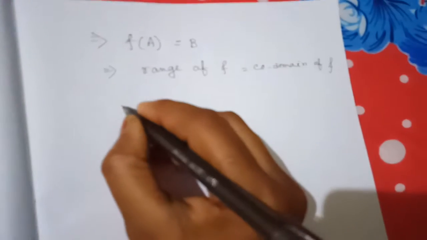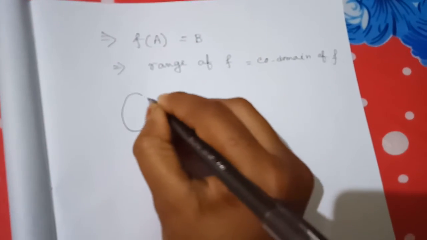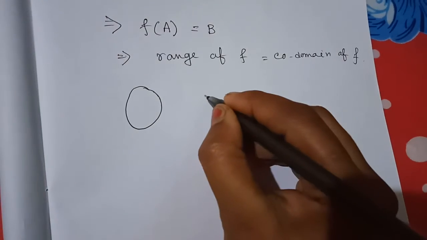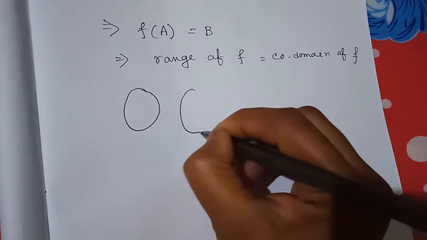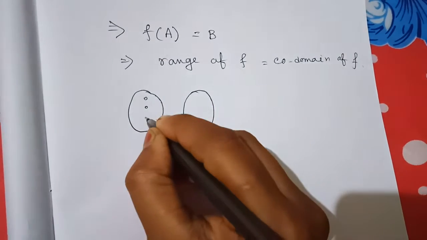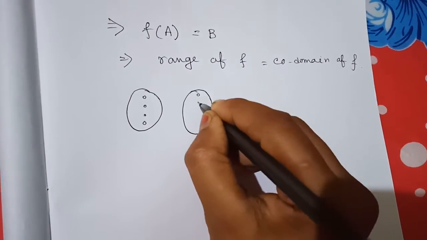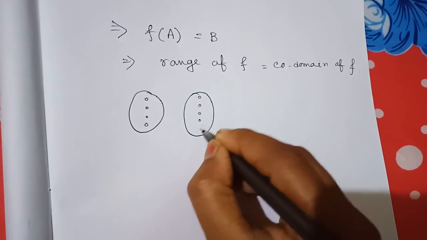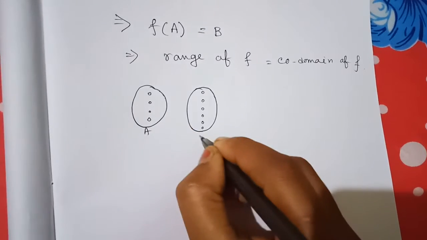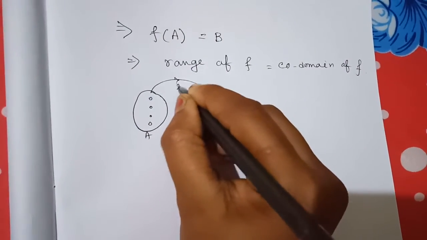Now there are figures that I am drawing. Let me focus. Yes. 1, 2, 3, 4. This is A, this is B, this is f.